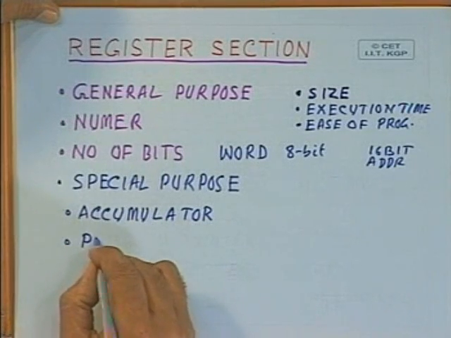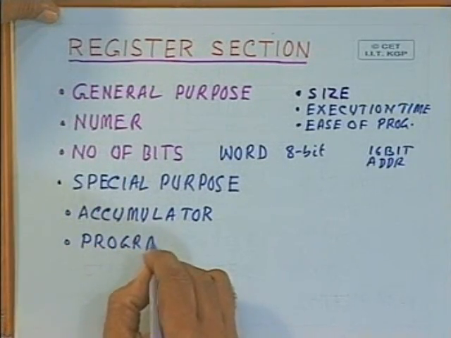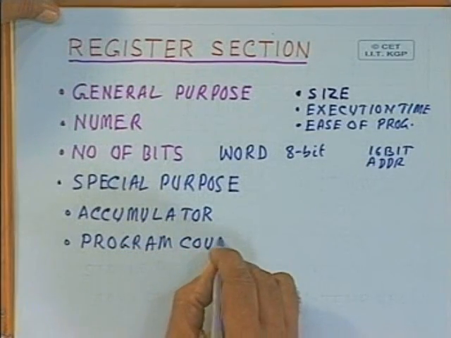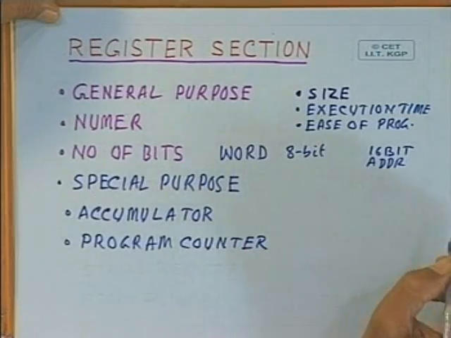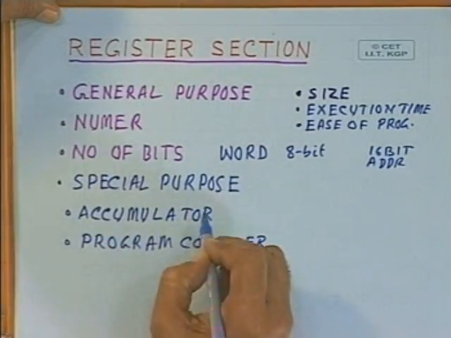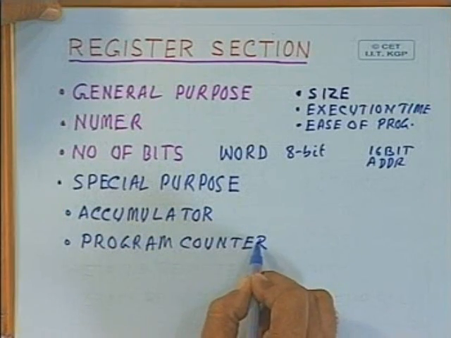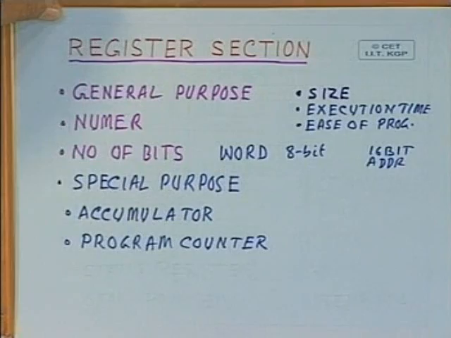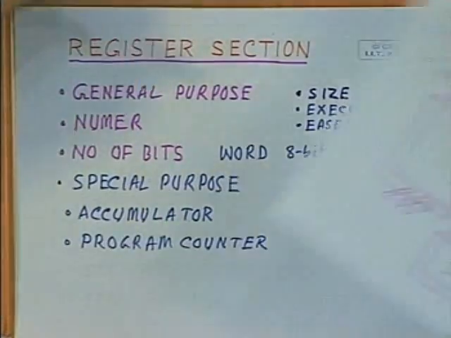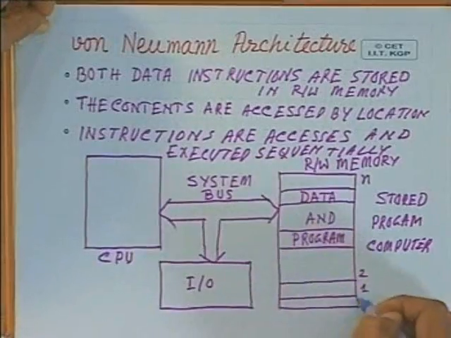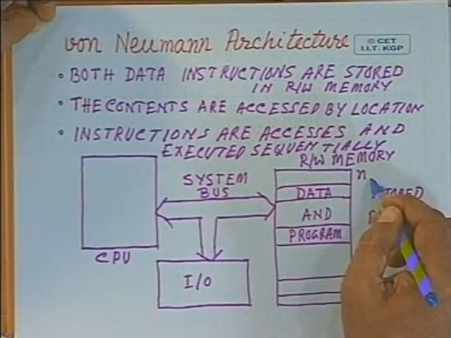Program counter is also a special purpose register. Accumulator is commonly used to store one of the operands that will be processed by the ALU. So one of the operands will always come from the accumulator, and program counter keeps track of the memory location. As I was telling, the instructions are accessed from the memory, which are addressed by memory locations. This address is generated by the program counter.